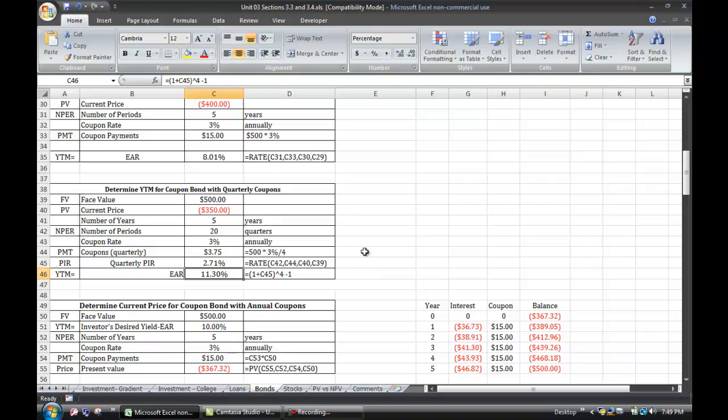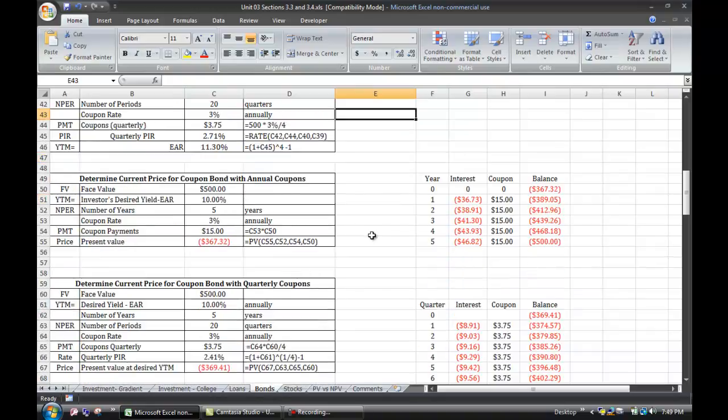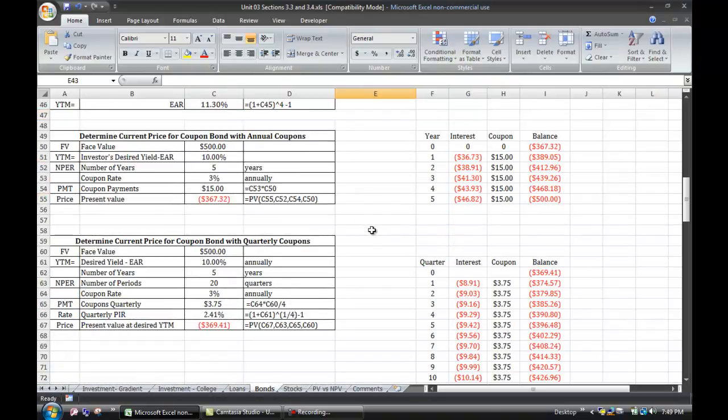That's the quarterly coupons. The other way you sometimes want to go is to determine a price that you ought to pay for a coupon bond. If you know what the face value is, that's written right on the bond. You have a criteria you use for your own investments, call it 10%.